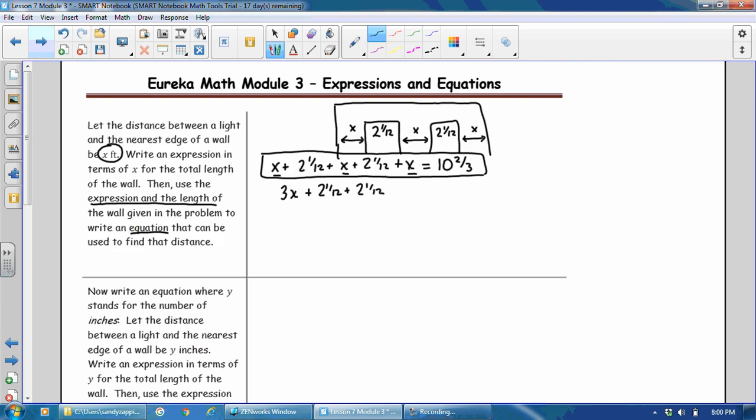So we can combine those distances. And that gives us 4 2/12, which simplifies to 4 1/6. So we've got 3x plus 4 1/6 is equal to 10 2/3. So this is an equivalent expression that you could use to find the distance of x.